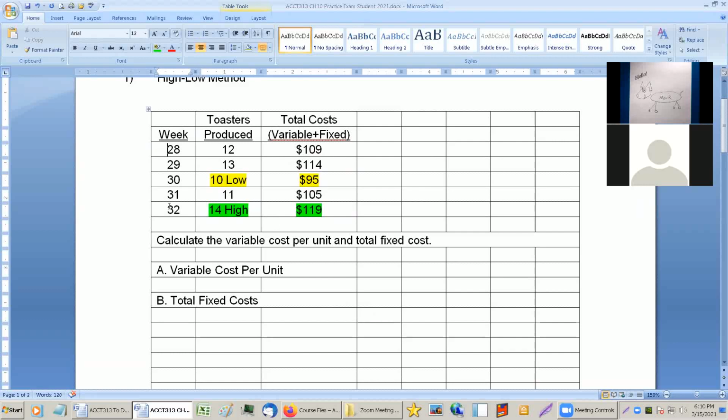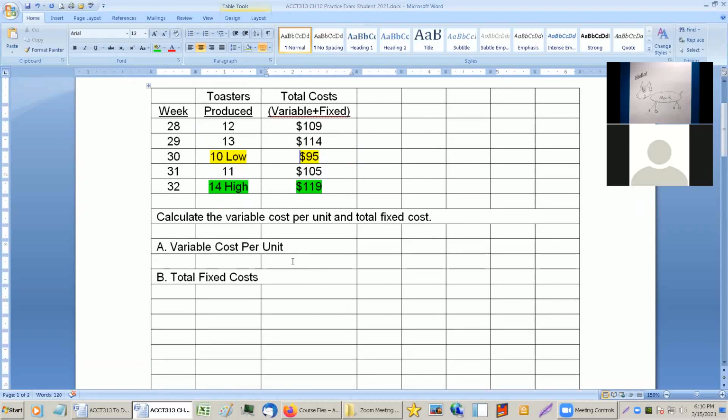It doesn't matter what the week is. You're just taking the highest and the lowest. I can't remember how I did this before. This is the first time I used this kind of Excel sheet plugged in here.